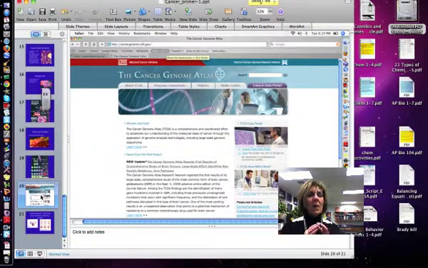There is an amazing connection between genes and cancer. And this is a website, for example, run by the NIH that is looking at genetic markers for very specific types of cancer. This is a very exciting area of research because basically what we know is that breast cancer is not breast cancer. There are lots of different forms of breast cancer.